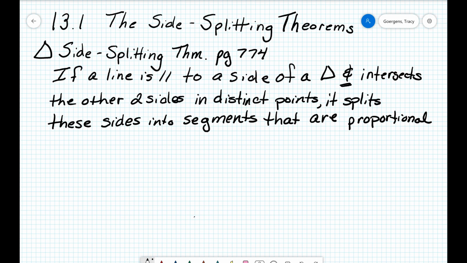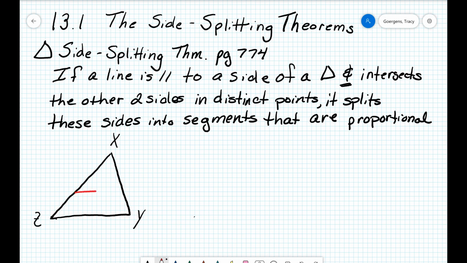All right, so let's say we have a triangle. This triangle is not going to be exactly 90 degrees, or it's not supposed to be. We'll call the triangle XYZ. And we have a line that goes across, and I'm going to do it in a different color.